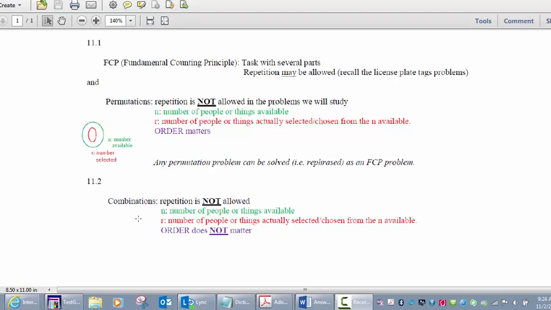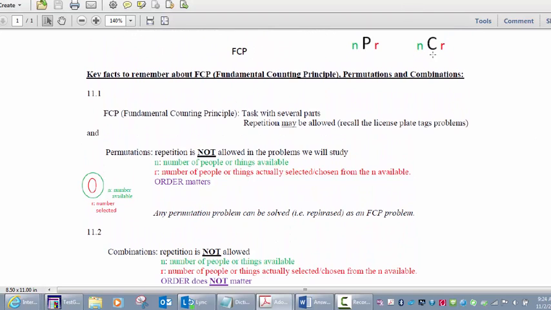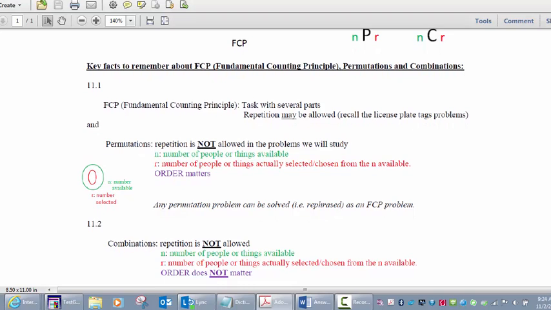Now let's take a look at combinations. For combinations, you use this technique, and the notation for that is nCr. So when do we use combinations? When repetition is not allowed. If you use somebody to do something, then they cannot do anything else in the problem.